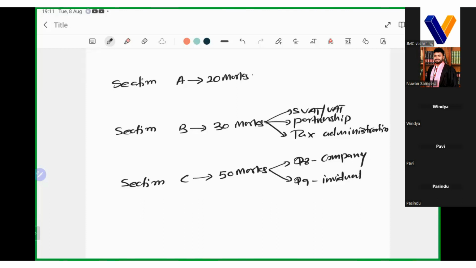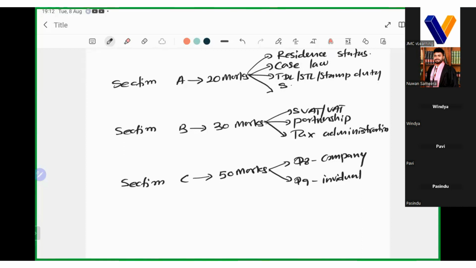Under Section A, there are 4 questions: resident status, case law, and then one of the TDL, share transaction levy or stamp duty.